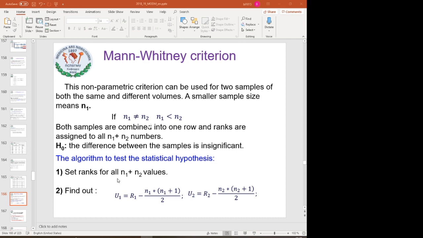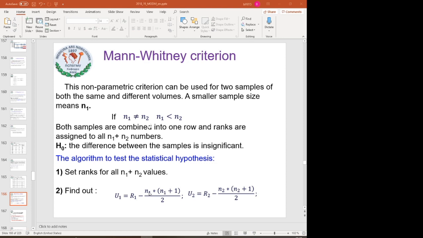On the first step of the algorithm, we should mix all values from both samples and give ranks for all n1 plus n2 values. After that, we should summarize ranks for the first sample. This will be R1, and for the second sample this will be R2.